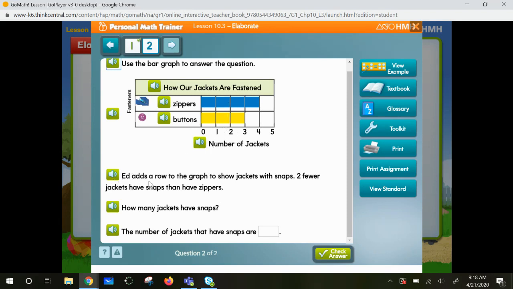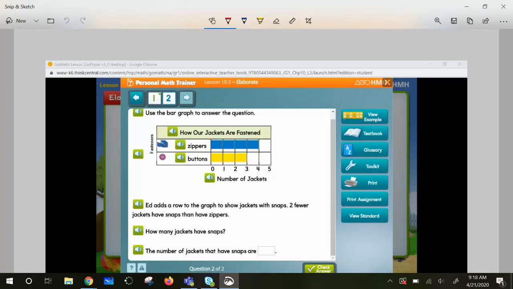Well, Ed adds a row to the graph to show jackets with snaps. 2 fewer jackets have snaps than zippers. So this is going to require us doing a little extra work. Okay, so remember, Ed adds a row to the graph to show jackets with snaps. So we need to write snaps.